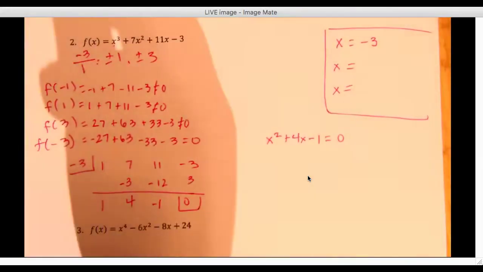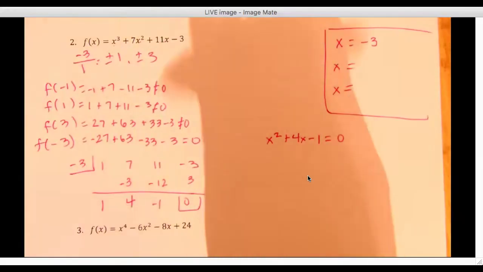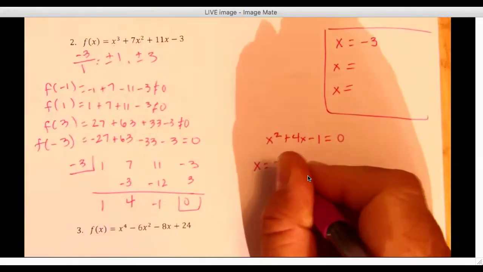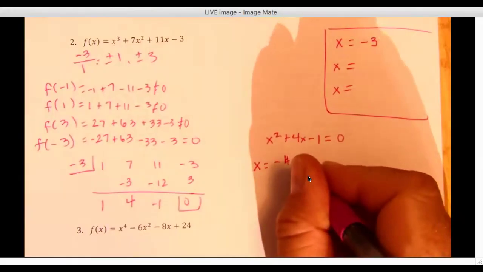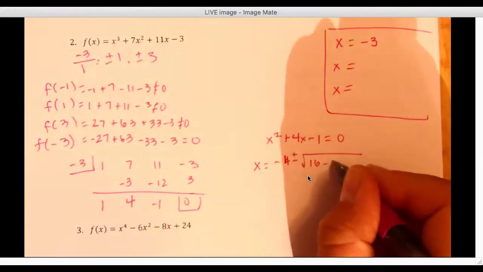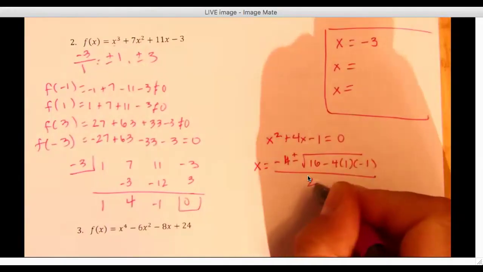We could try, but we're not going to be able to find numbers. So since it is still quadratic, I can use the quadratic formula. So -b, which in this case is -4, plus or minus the square root of b squared minus 4 times a times c, all over 2 times a.